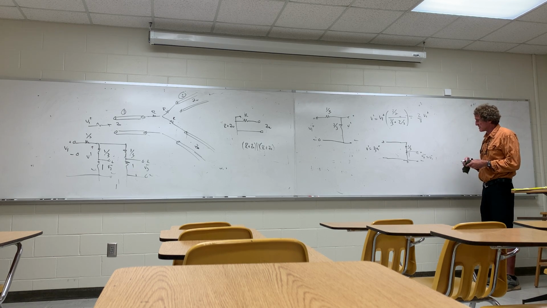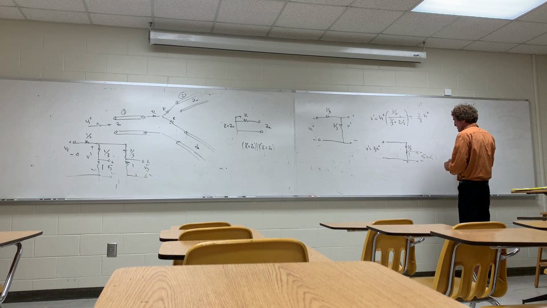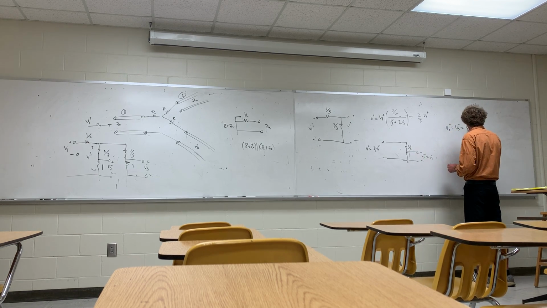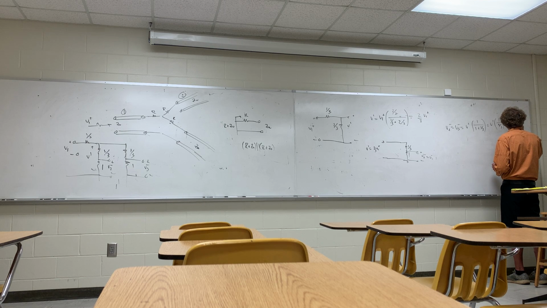I'm going to take this value, V prime, and I'll just do some voltage division. So I can say that V2 minus equal to V3 minus would be equal to V prime times 1 over 1 plus 1/3, or simply V prime times 1 over 4/3, or simply 3/4 V prime.